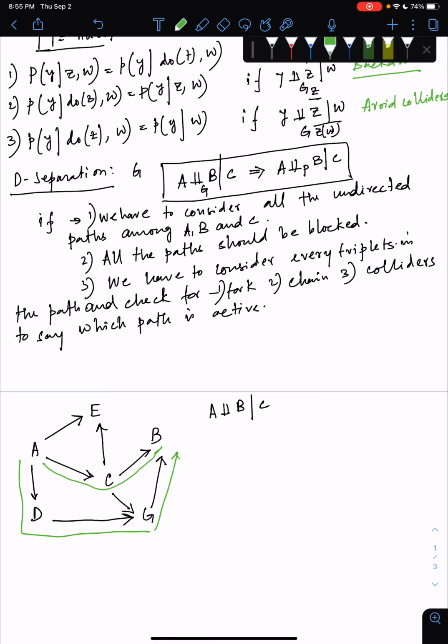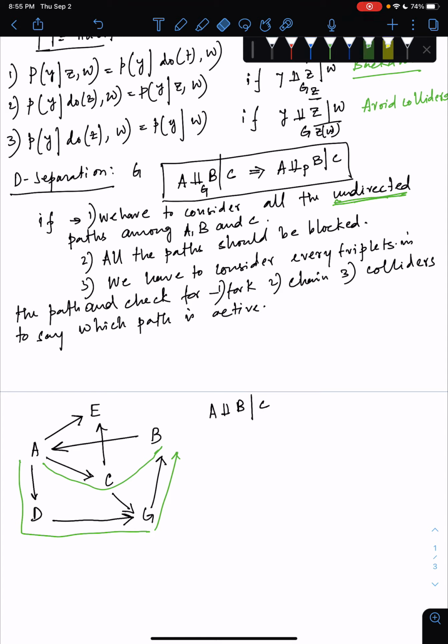We have to consider that these paths, first of all, are undirected. It would be easier if this graph were a bit more complicated. Why is it written that the paths are undirected? You may have some graph where you have a path like this, and you don't have it because it's a DAG.